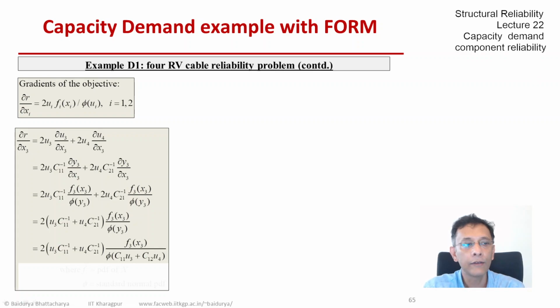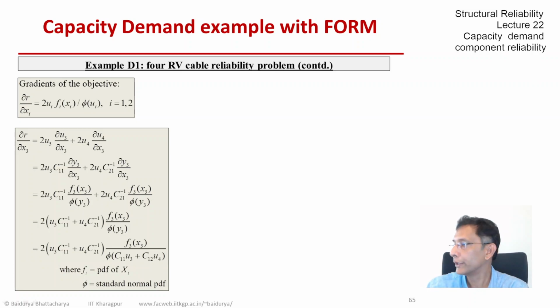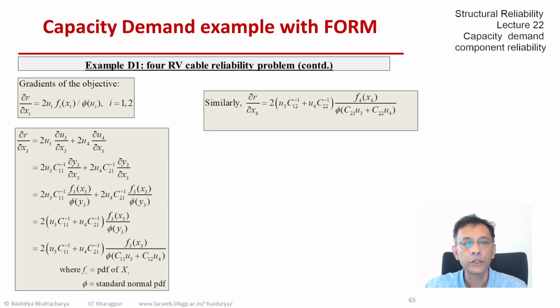So we now have the partial of r with respect to x3 in terms of u3, u4, and the density function of x3. Likewise, we can derive a similar expression for the partial of r with respect to x4. There we have the density of x4 and again u3 and u4 coming together.